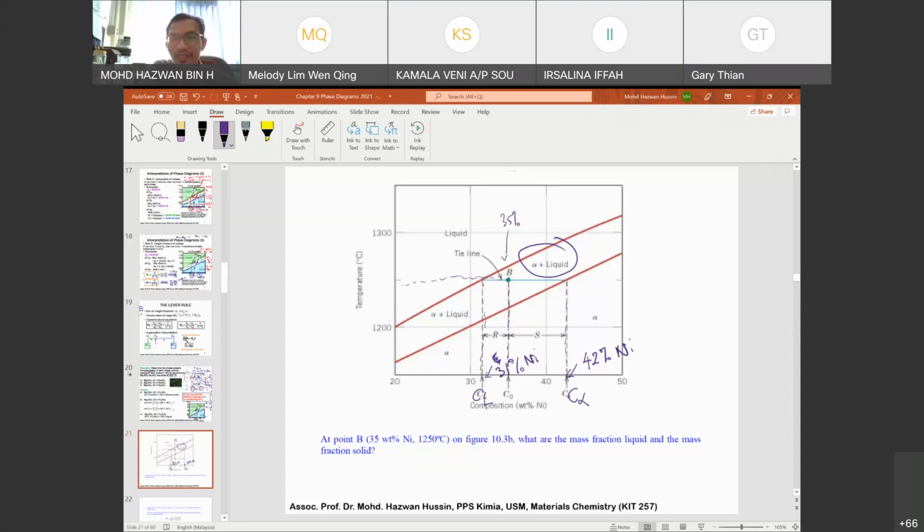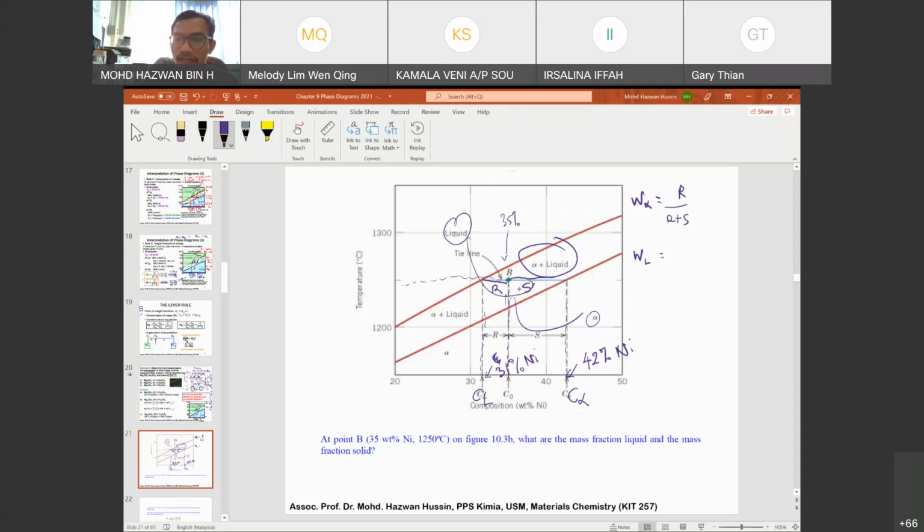Okay, all right. Final question, what will be the weight fraction, W alpha and also W liquid? So you have R and S. So alpha is solid, here. So opposite line is R over R plus S. And liquid is over here.